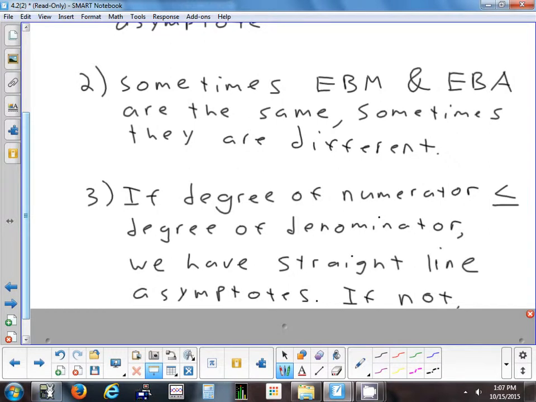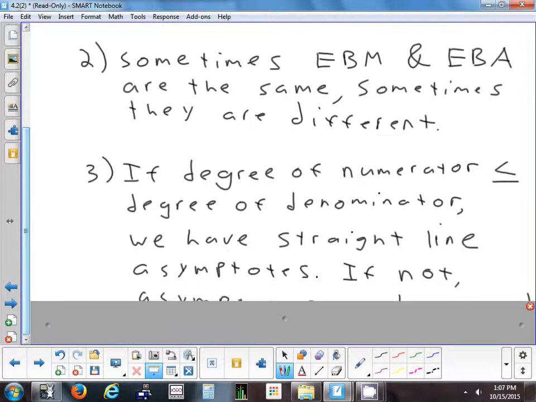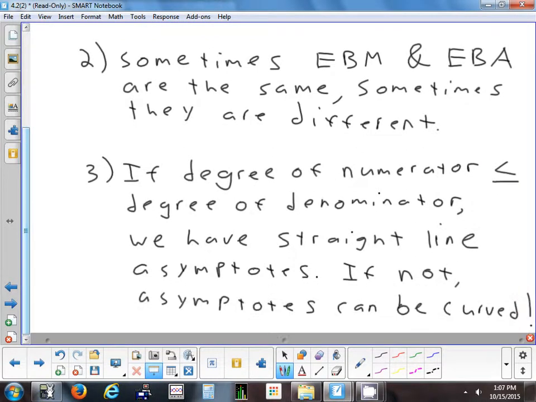Sometimes the variables canceled out and we had a horizontal asymptote at a number other than 0. But if the degree of the numerator is not less than or equal to the denominator, we can end up with curved asymptotes. We won't always have asymptotes that are straight.